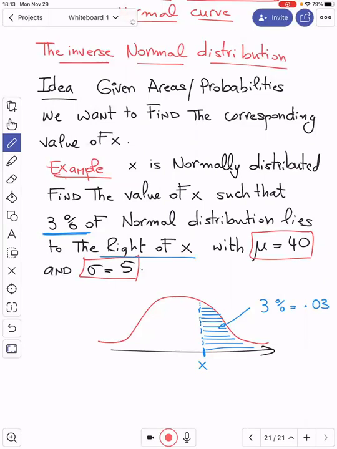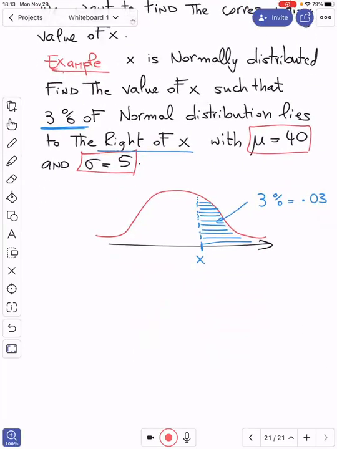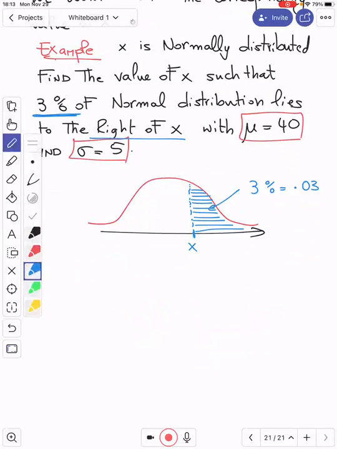So to solve this problem, in the first step, we're going to try to find the corresponding value of z, because z is the variable of the standard normal distribution. We have the table for z, which gives us the area to the left for any value of z.